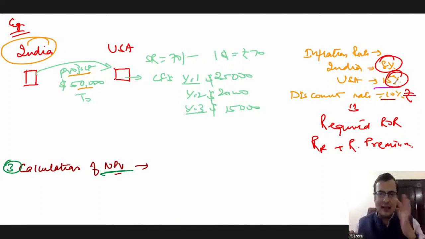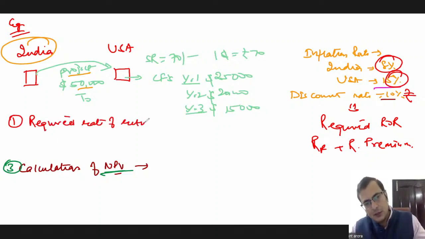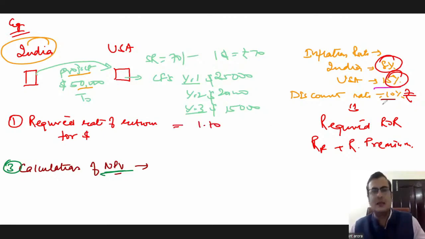Sir, we are getting clarity that we have to incorporate the inflation factor in the required rate. But how will we do it, sir? Beta, simple. In step number 1, you will say the required rate of return for dollars will be, if 1.10 means 10% is for India, so if we take the Indian inflation rate as base, how do you do it for USA?